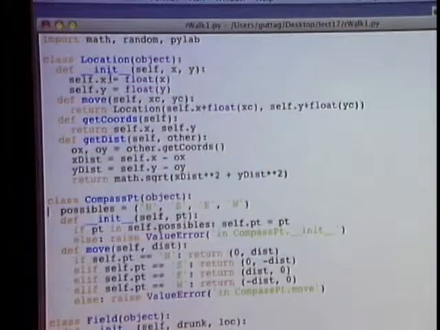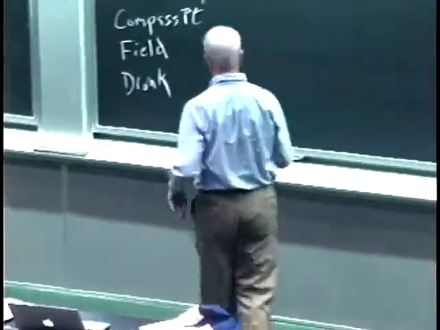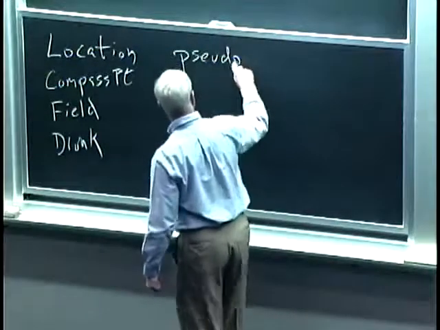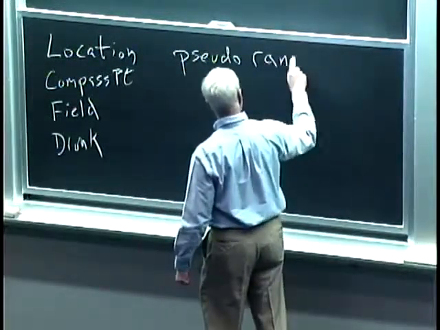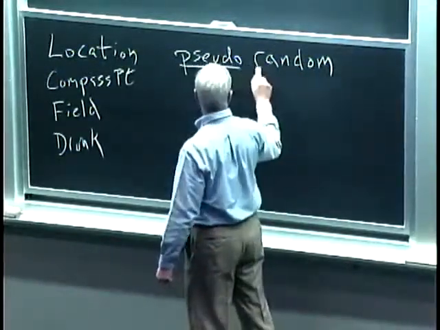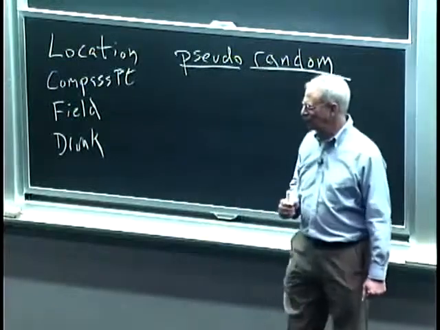Random you haven't heard about. This is a package that lets me choose things at random, and I'll show you some of the ways we can use it, but it actually provides something that technically is pseudo-random. Which means that as far as we can tell, it's behaving randomly.